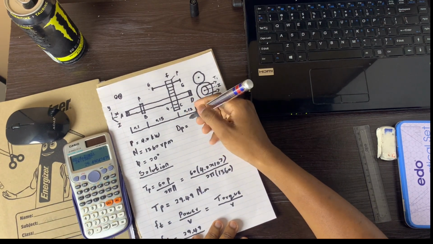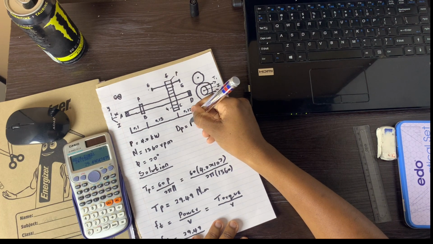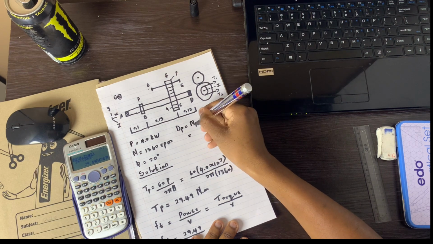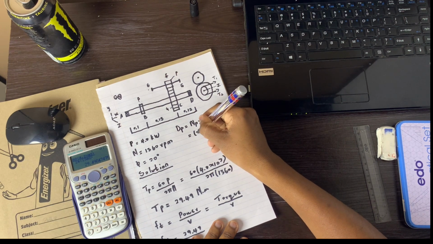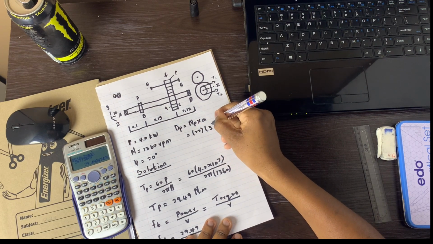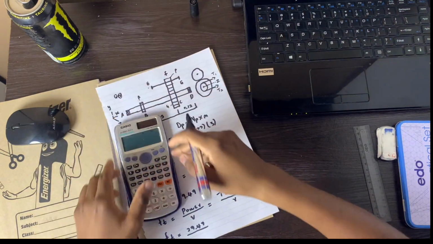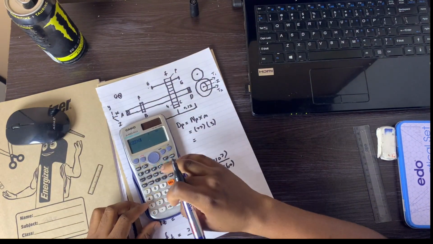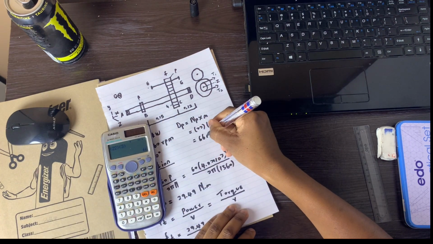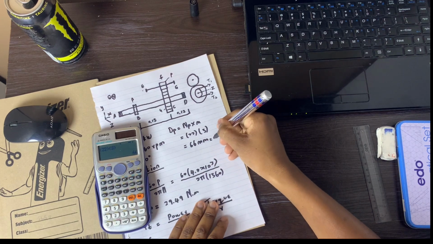The number of teeth of the pinion is 22, and the module is 3. So the diameter of the pinion is 22 multiplied by 3, which is 66 millimeters. But I like my things in meters.